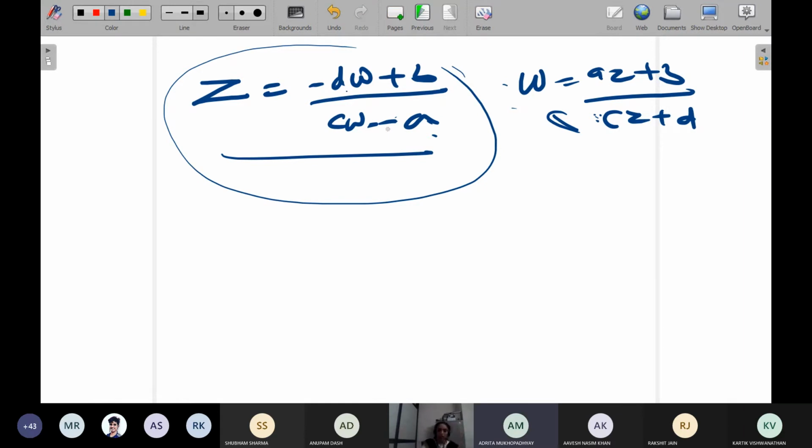If you want, I'll show it. See, if you cross multiply this, you will get W into (CZ plus D) is equal to AZ plus B. We want all the Z terms on one side.